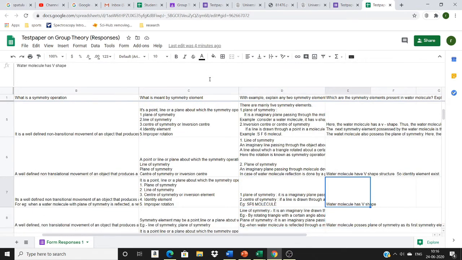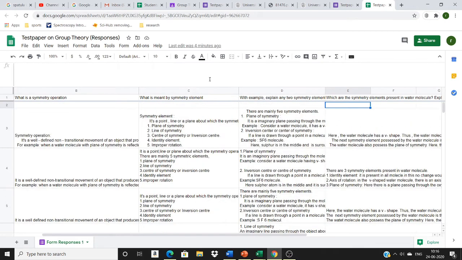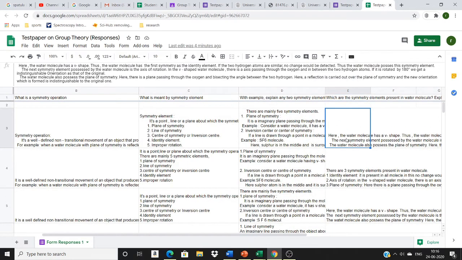Coming on to the last question, what are the symmetry elements present in the water molecule? You should begin, this is a well written answer. You have to start the answer by saying the water molecule has a V shape. In a paper you can draw the shape and then explain.